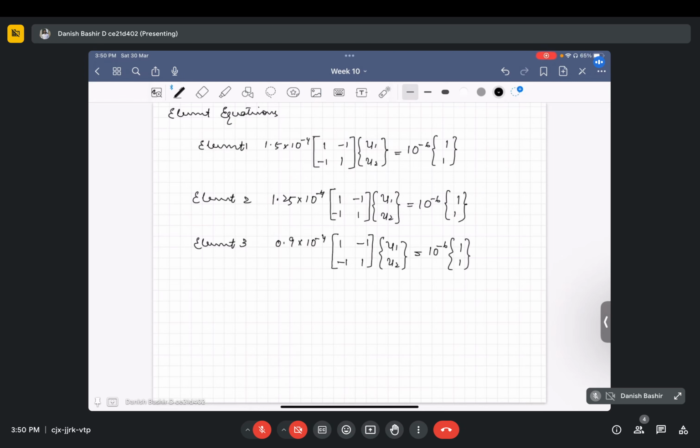So the global equations after assembly are: once we assemble, we will get a global system equal to 10 to the power minus 4 times this. It will be like this: 1.5, minus 1.5, 0, 0. Then minus 1.5, 2.75, minus 1.25, 0. Then 0, minus 1.25, 2.15, minus 0.9. Then 0, 0, minus 0.9, 0.9.